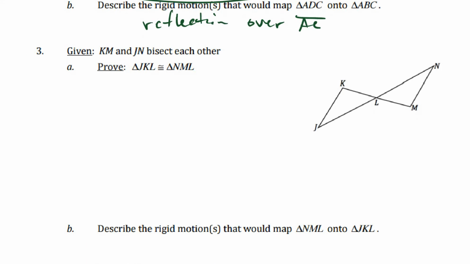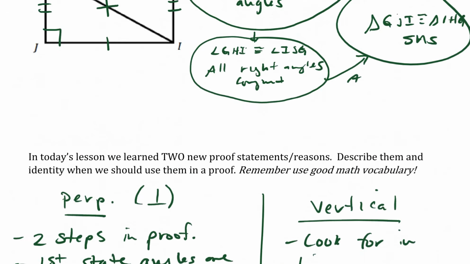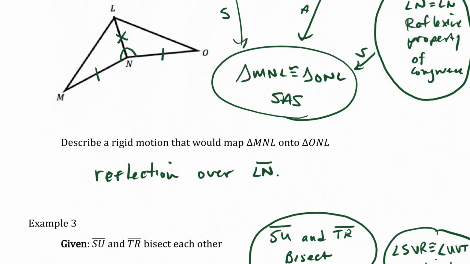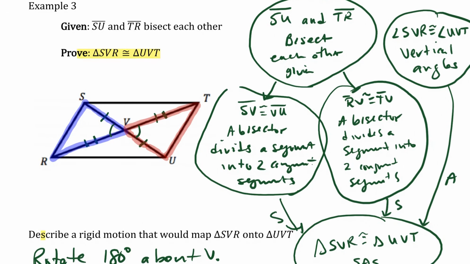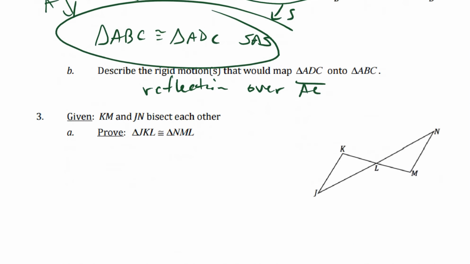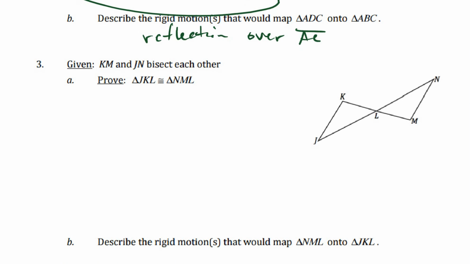Number 3 is almost identical to one of the ones that we did in class, which would be number 3. But it's a different kind of picture here. So it says they bisect each other. So I know that KM and LM are the same. LM and JL are the same. Also, I see vertical angles here. So let's state everything I know.